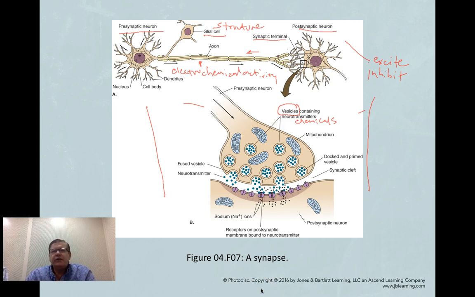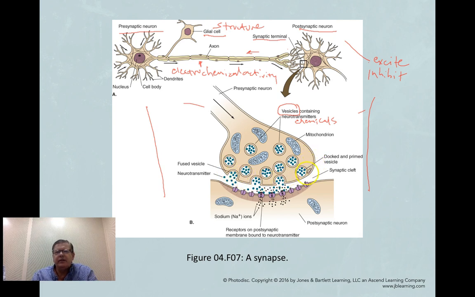So at the level of the presynaptic neuron, you see that we have a number of different features that are all related to the containing and transmission of chemicals. Now, what's going on here at the edge of the dendrite?